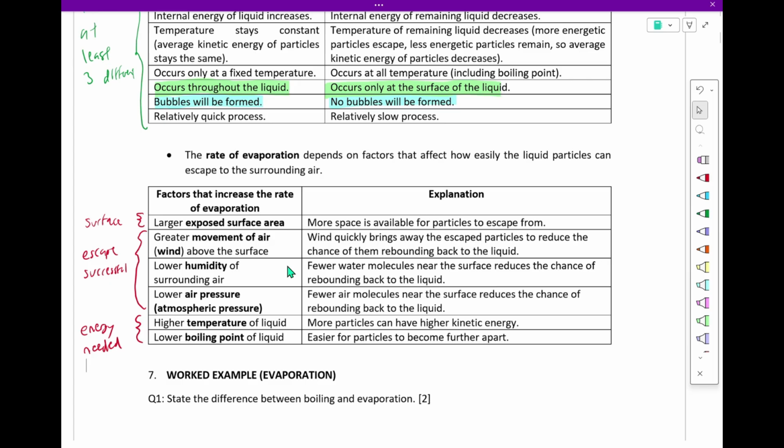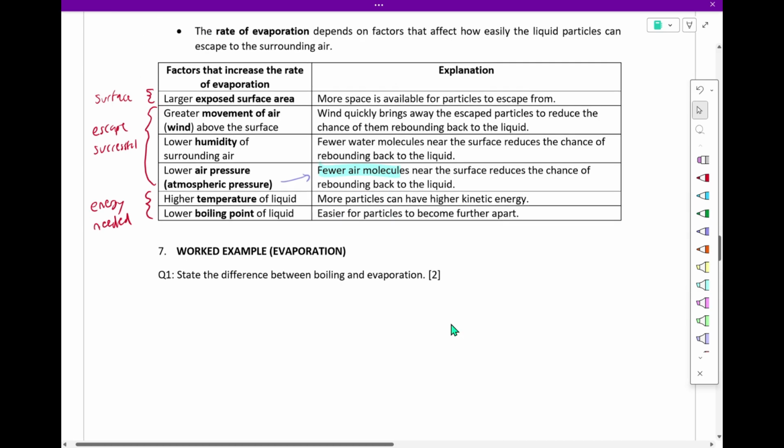When you have low air pressure, I have fewer air molecules, so it's the same reason as the low humidity one, I can escape more successfully. Now a higher temperature basically means the average kinetic energy of my particles is higher, so it is more likely that I have enough energy to escape from the surface and overcome the force of attraction.